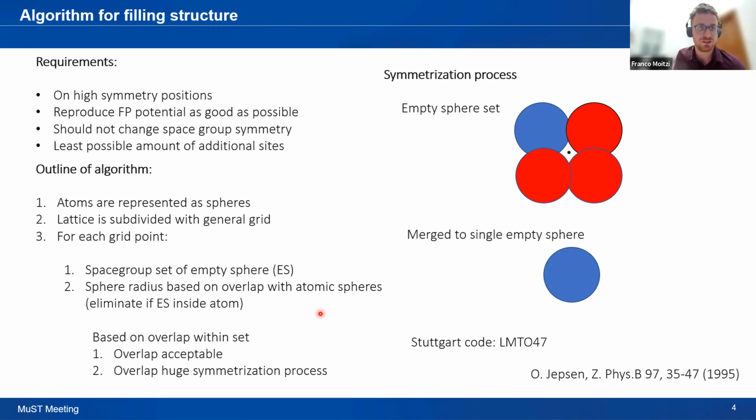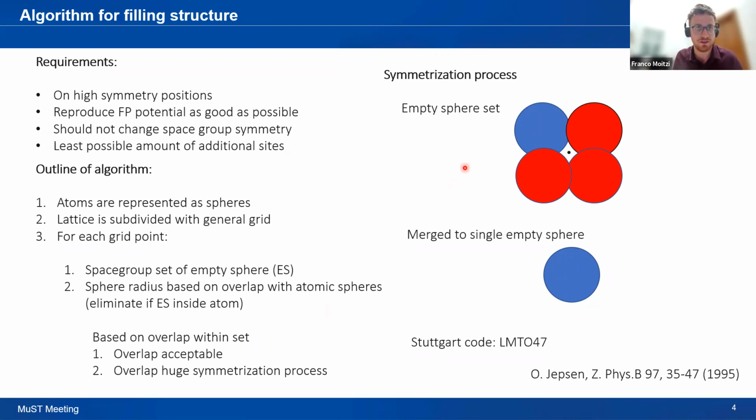But now actually 3 cases can happen with the overlap within the empty spheres. First of all, the overlap can be acceptable, so the empty spheres can be just touching or slightly overlapping. Or the overlap can be huge, for example. And if the overlap is huge, this is a good indicator that the point is quite near a high symmetry line or high symmetry point.